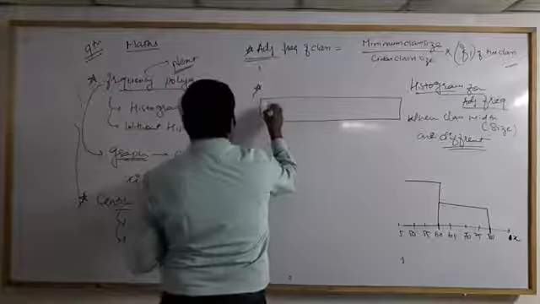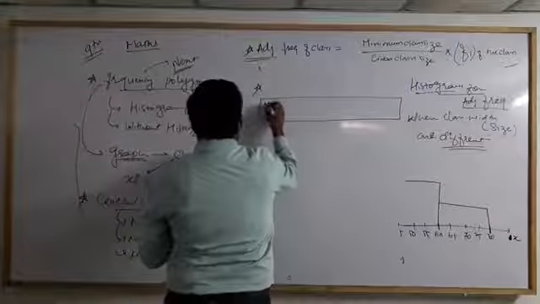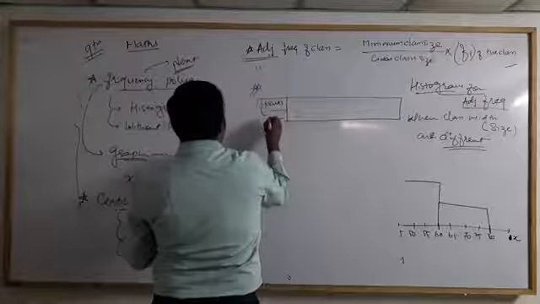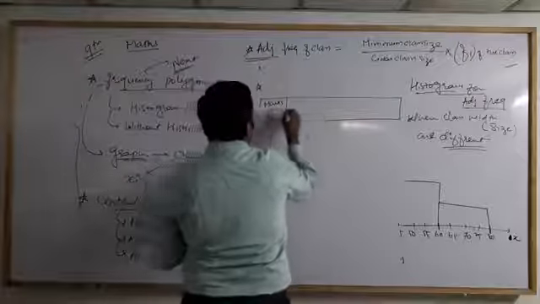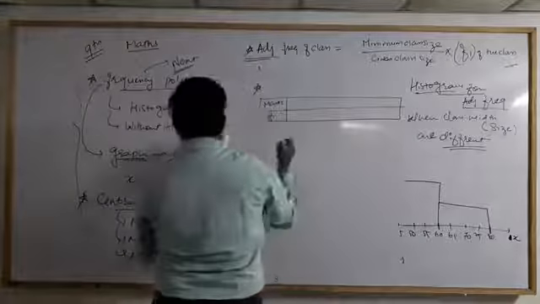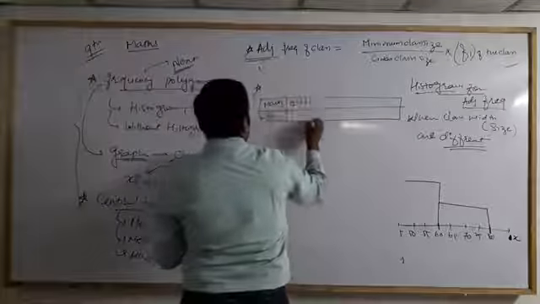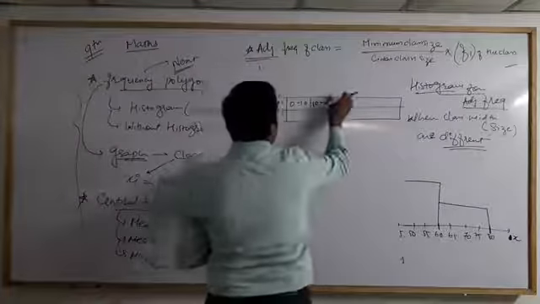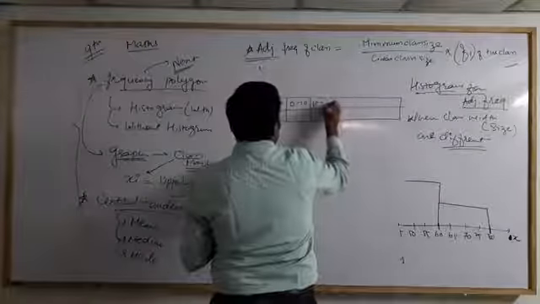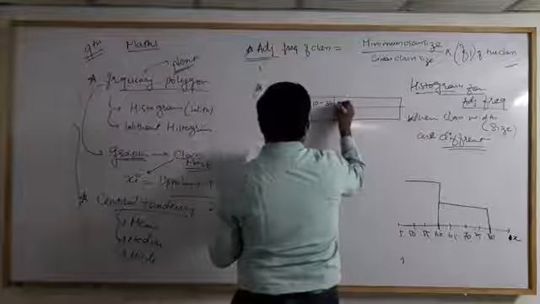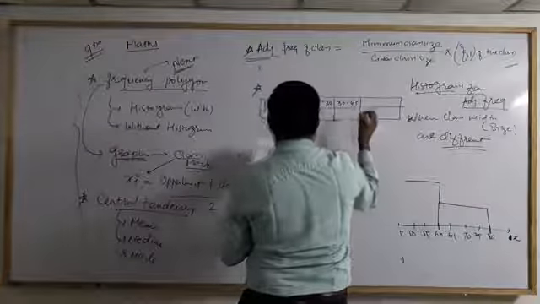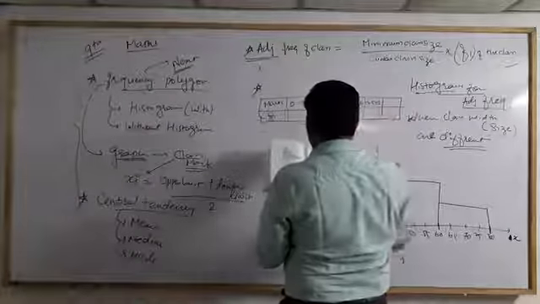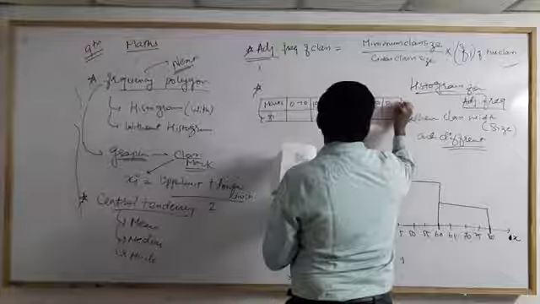marks and frequency. My marks are 0 to 10, 10 to 30, after that 30 to 45, after that 45 to 50, and after that 50 to 60.